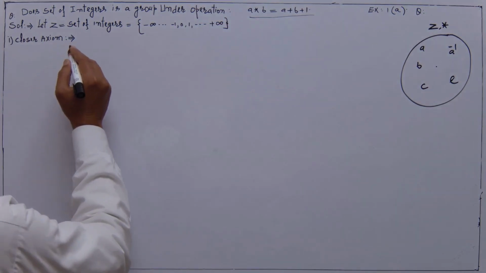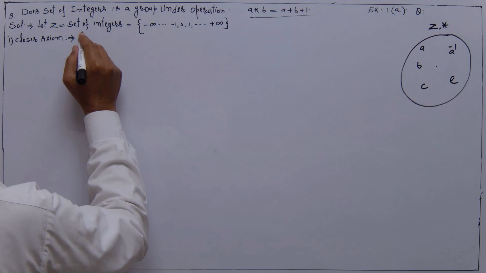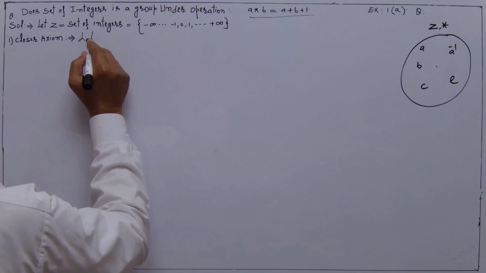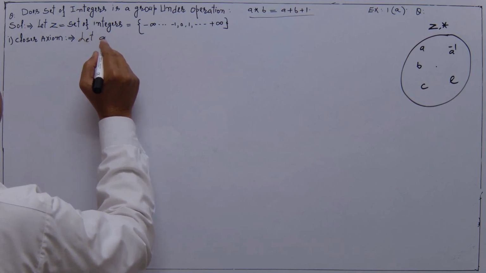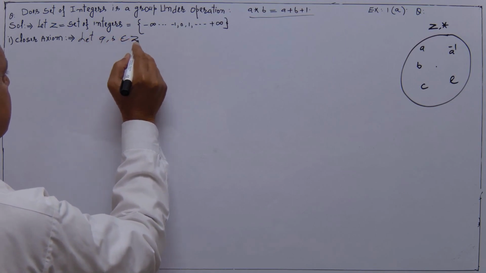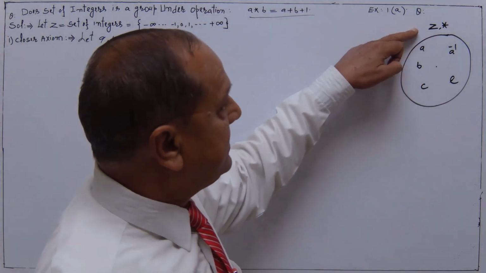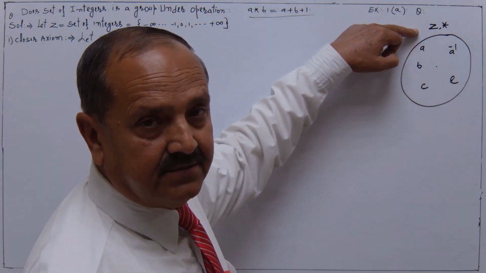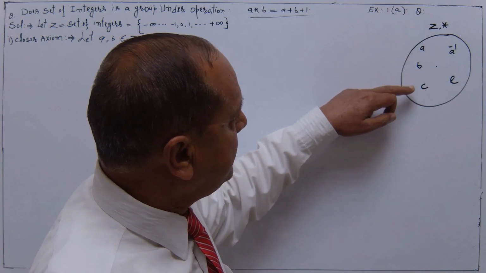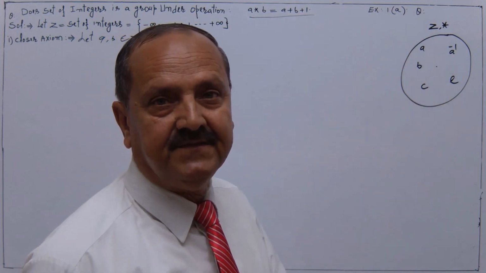Number one is the closure axiom. For every element A, B belonging to this set of integers. Here Z is the set of integers, and A, B, C, E and A inverse are its elements.